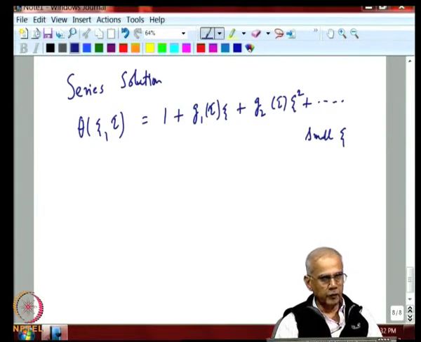So, even when you are solving this numerically, you will find it very convenient to have some good approximate solutions near psi equals 0, which you can use as an input to your more complicated numerical solutions.